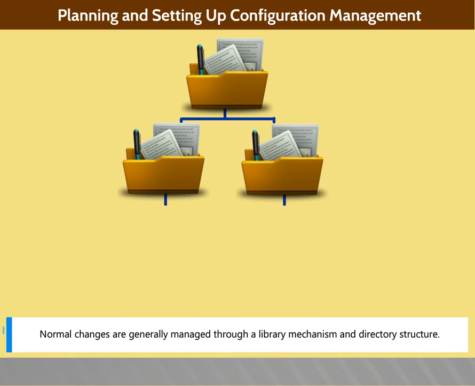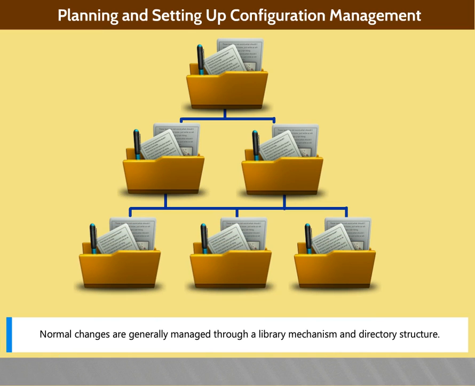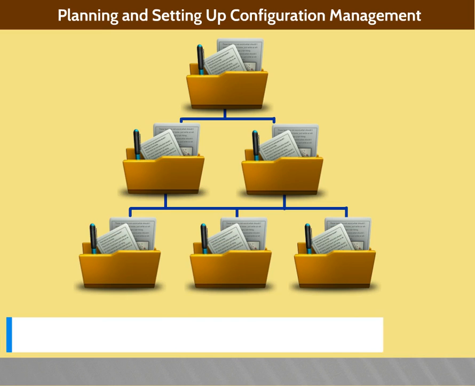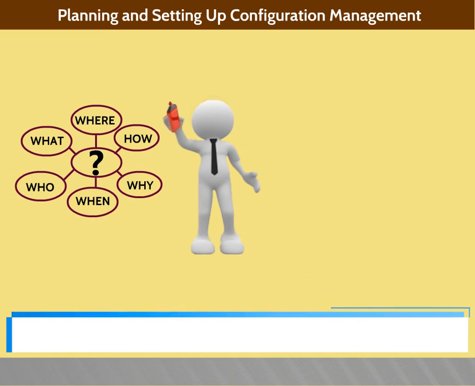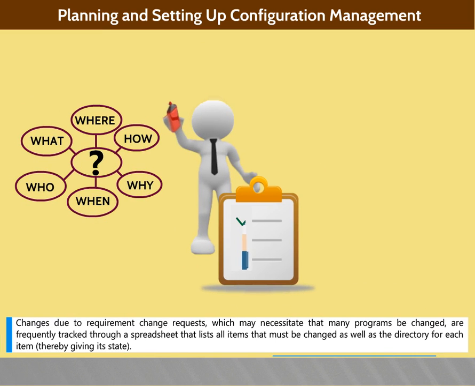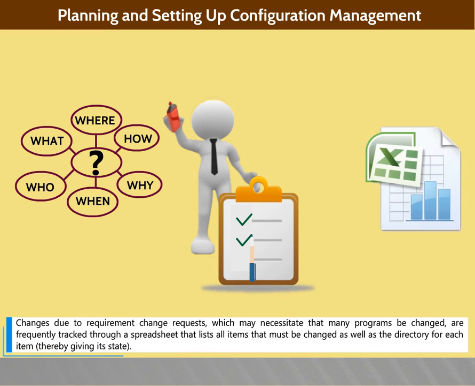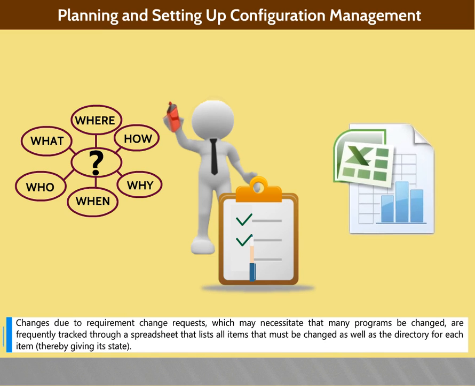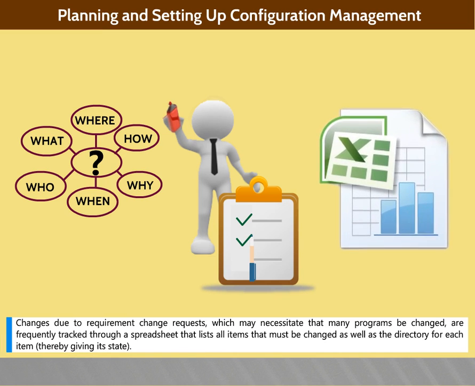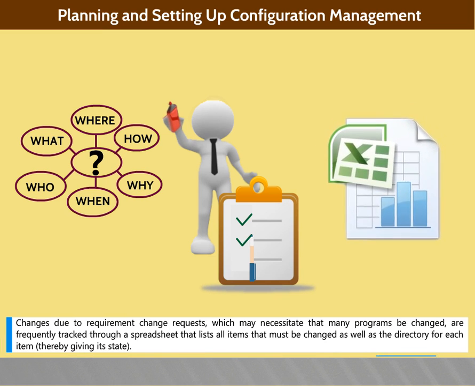Normal changes are generally managed through a library mechanism and directory structure. Changes due to requirement change requests, which may necessitate that many programs be changed, are frequently tracked through a spreadsheet that lists all items that must be changed as well as the directory for each item, thereby giving its state.